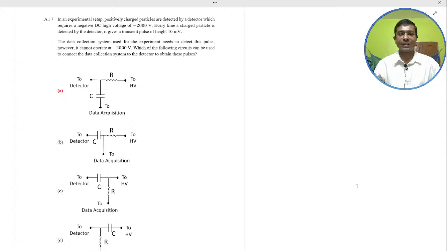The data collection system used for the experiment needs to detect this pulse. However, it cannot operate at minus 2 kV. Which one of the following circuits can be used to connect the data collection system to the detector to obtain this pulse?